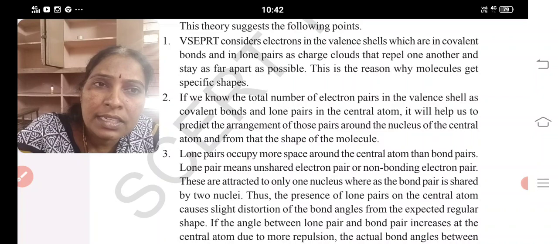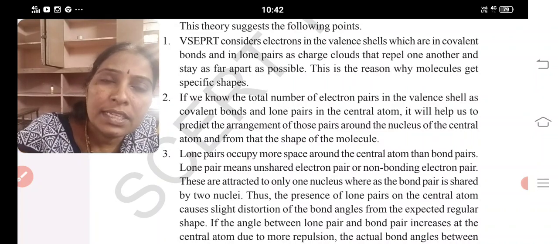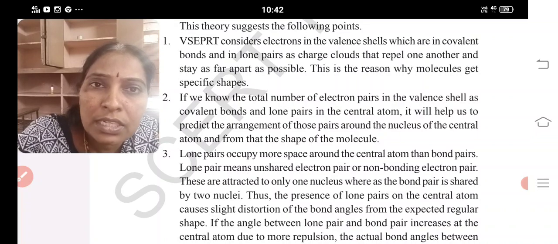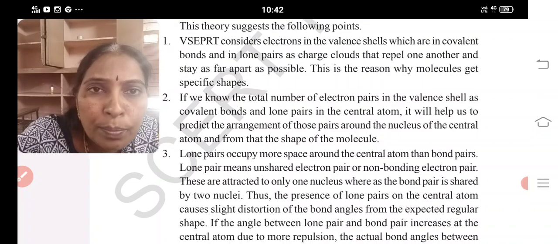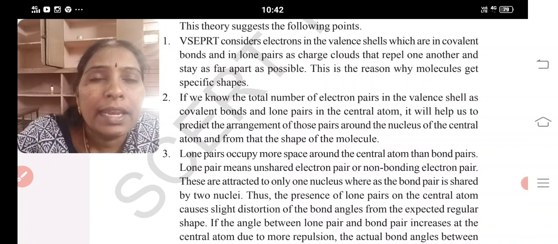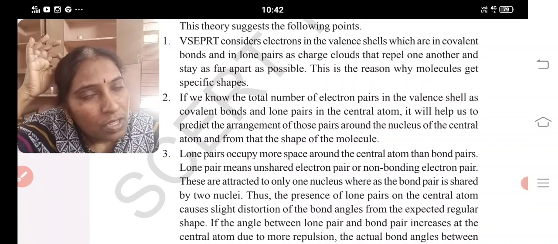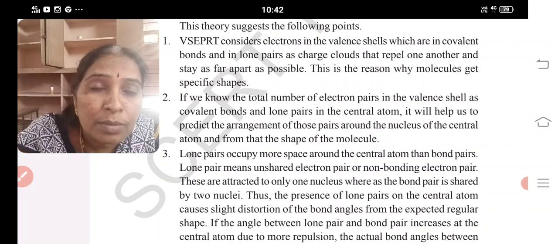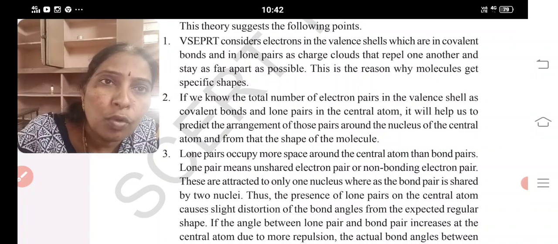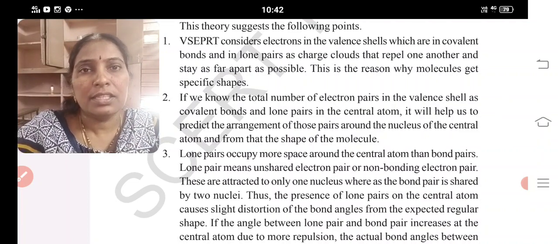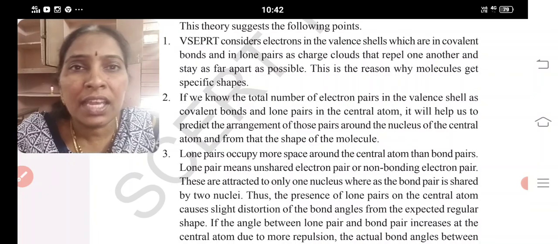Bonded pair electrons are already paired, so paired electrons never participate in bond formation, and a lone pair means electrons ready to participate in bond formation. The repulsion between bonded pair and lone pair makes the angle decrease or increase. That's why there is a change in the angle.